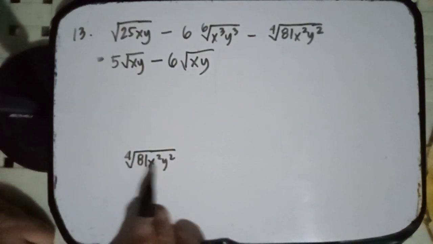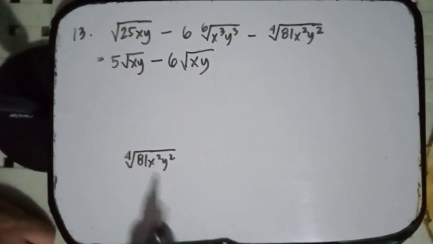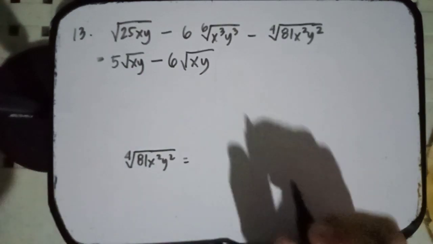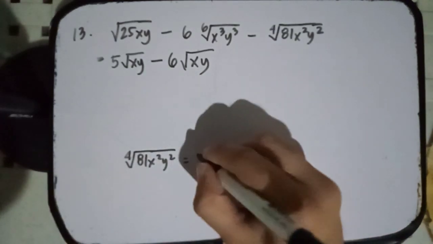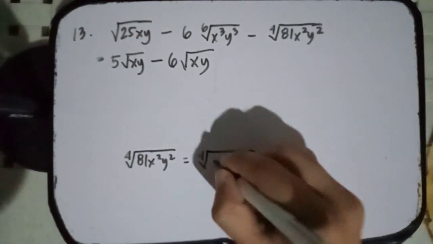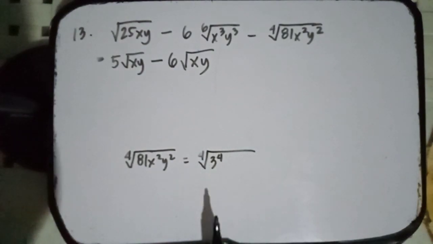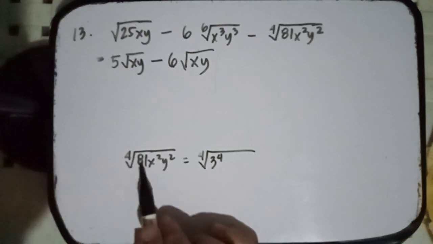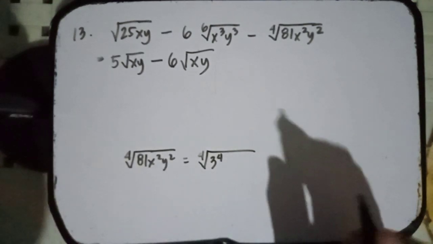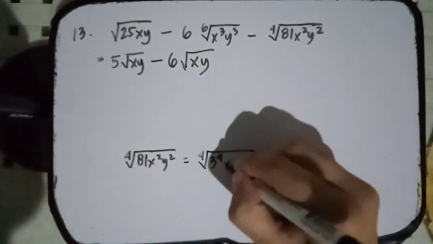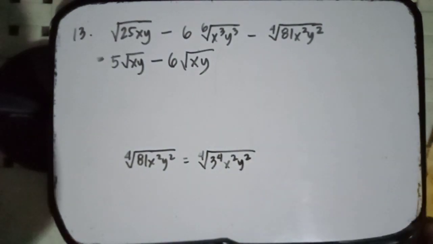So, i-rename po natin yung 81 as exponential form. So, this will become 4th root of 3 to the 4th power. Because, apat na 3, kapag binutulay mo silang apat, ang sagot po ay 81. Okay, 3 to the 4th, x squared, y squared.